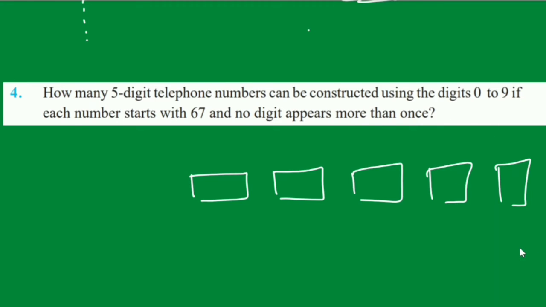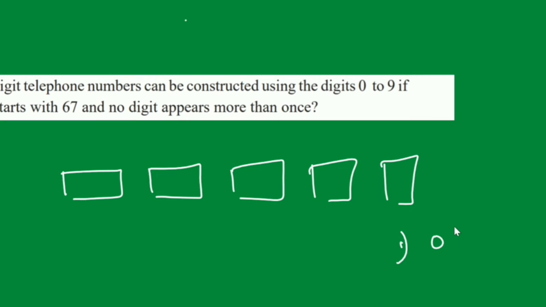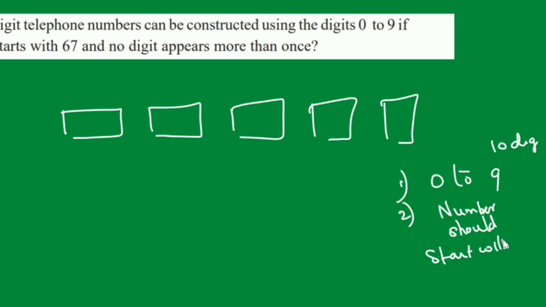You can use the digits 0 to 9; there are 10 digits here. Then the second condition is the number should start with 67. And the third condition, you cannot repeat. Repetition not allowed. So these are the 3 conditions given.